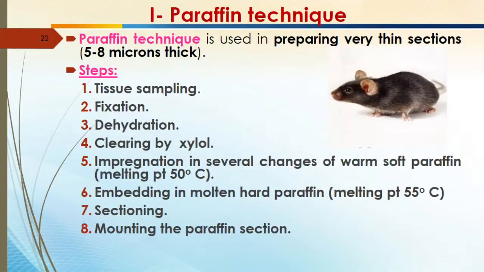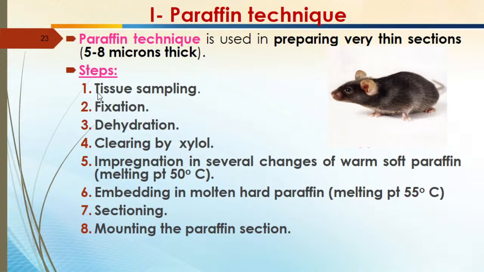Next, what about the paraffin technique? The paraffin technique is used in preparing very thin sections, 5 to 8 microns thick. Ordinarily, now we use experimental animals, for example rats.